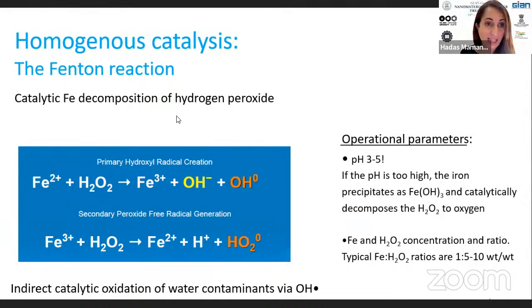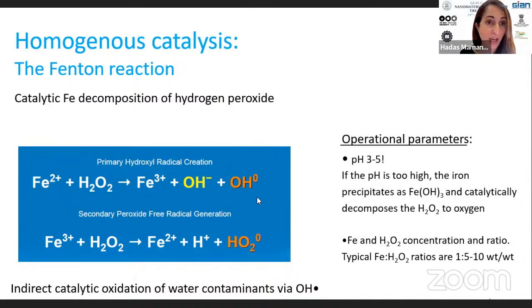I think we kind of discussed this with Fenton reactors. The operational parameters would be low pH. If the pH is high, then we'll have precipitate forming, so that would not be efficient. And of course, the process is governed by the ratio between the iron and the hydrogen peroxide.